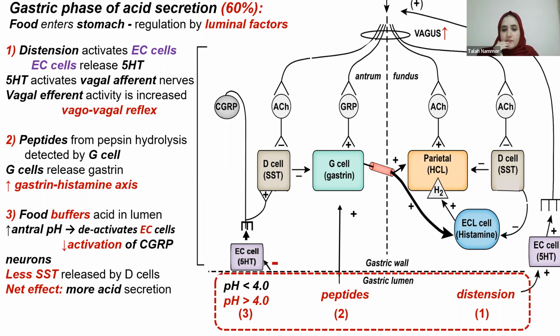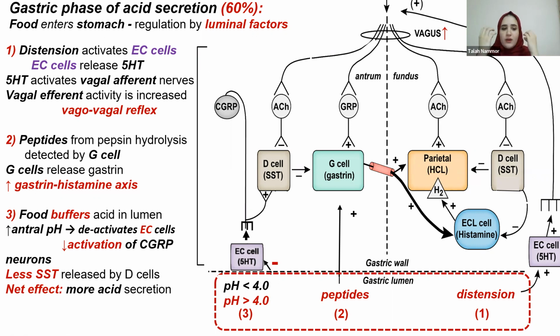Guys, so this is clear. Last but not least, the last thing that affects this is the pH. The doctor called it food buffer. So basically, we ate, so we have a lot of food. The food will mix with the acid. When there was no food, the acid concentration was the acid itself. But when food is there, it will combine with the acid, so the acid will be diluted.